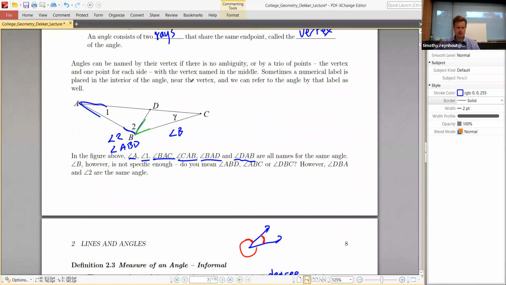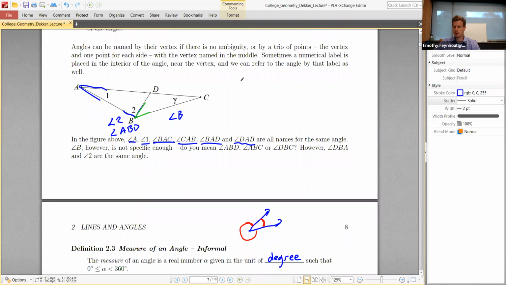If we go back up to this diagram here, we can see that this angle was given a label of 1, and this angle was given a label of 2. This pair of lines and this pair of lines was given a label. That label is a name given to the geometric figure, which is the angle. When we see a Greek letter, typically that refers to the measure of the angle.